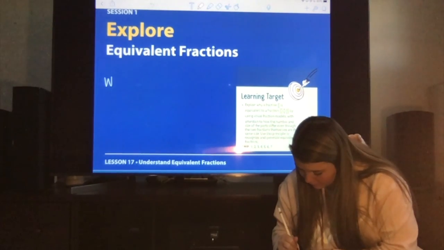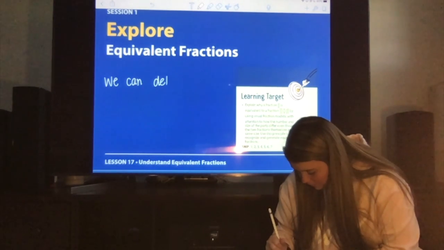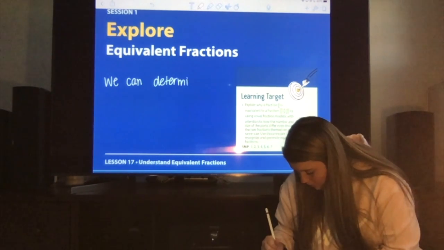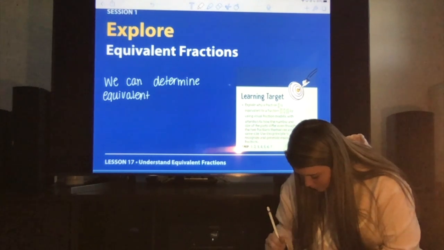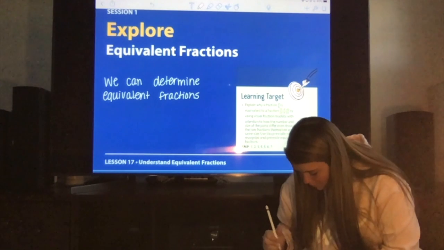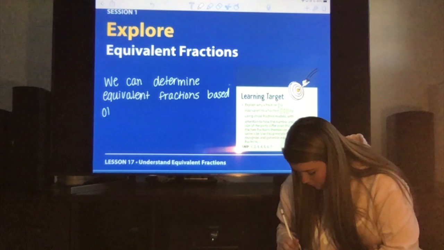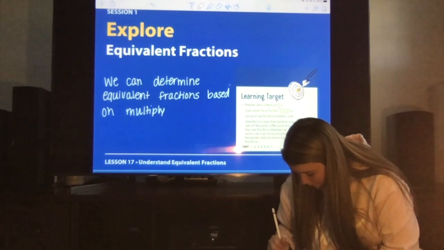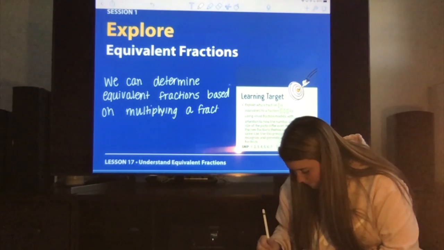So we can determine equivalent fractions based on multiplying a fraction by a whole.